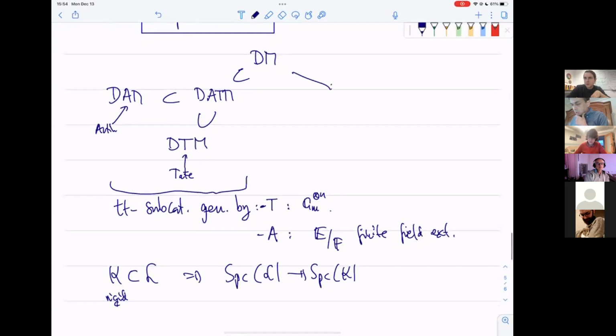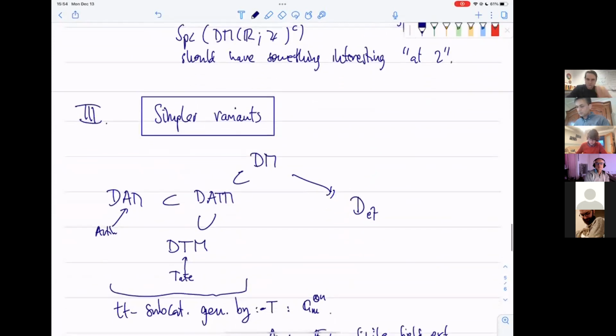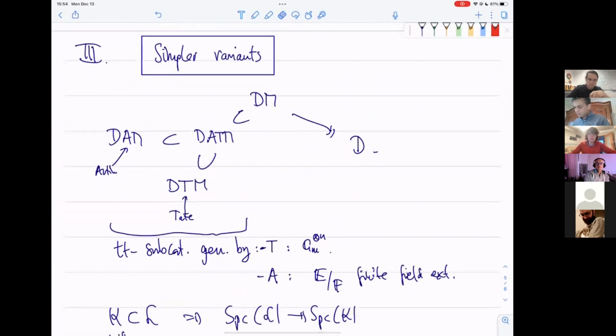And you could also change. I have said almost nothing about the topology. You could also change the topology to the étale topology. So the DM étale. This will open a bunch of complications, but there is a very remarkable fact that for the étale one, the story is essentially known by work of Martin, at least in the algebraically closed case.